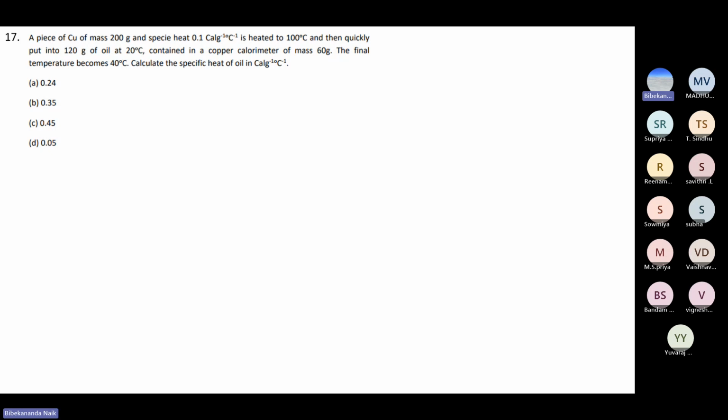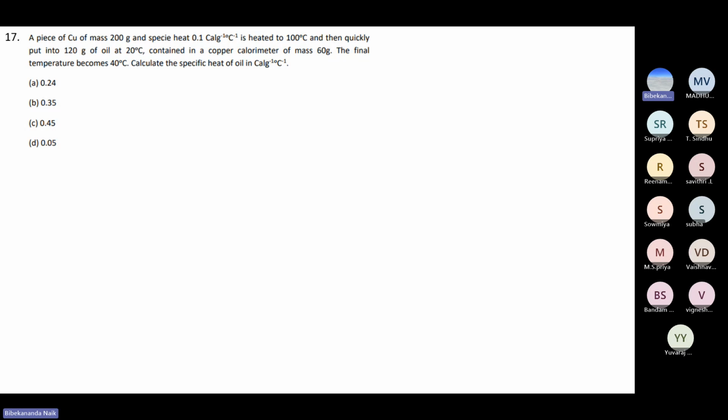Yes, has anyone solved it? So we know the heat gained by the oil and the calorimeter is equal to the heat lost by the copper, because the copper was heated to a temperature of 100 degrees Celsius.